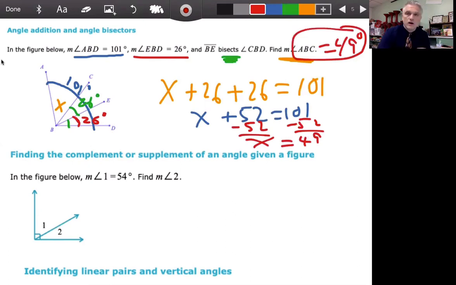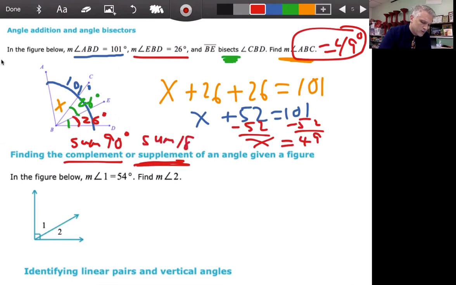All right, this next one's probably going to be one of the easy ones we have. Complements and supplements. Complements are complementary angles. Complementary angles have a sum of 90 degrees. So two angles that add up to 90. Supplementary angles, two supplements, have a sum of 180 degrees.